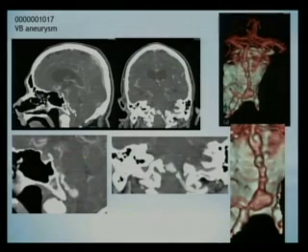And as you know, in the posterior fossa, actually the most common location is basilar tip at the other end. This just happens to arise here, and this is from a sagittal CT angiogram. This is the coronal. This is just a MIP view of this. And this is the 3D reconstruction.